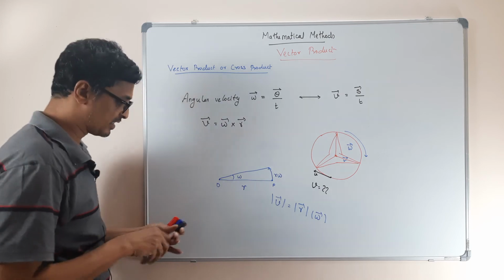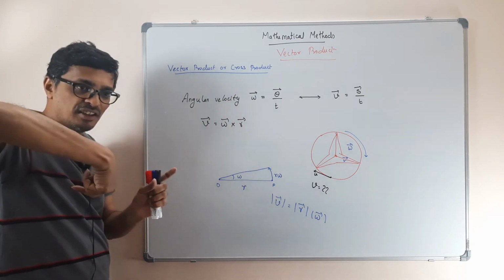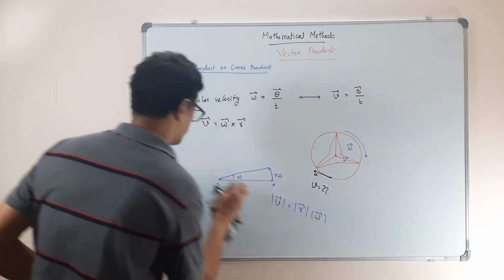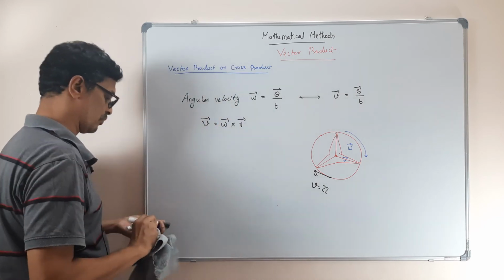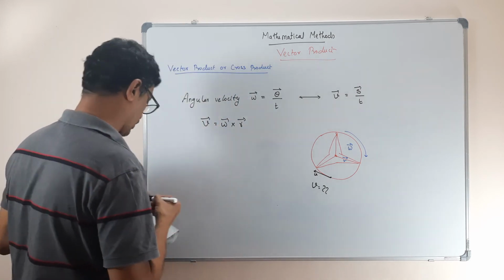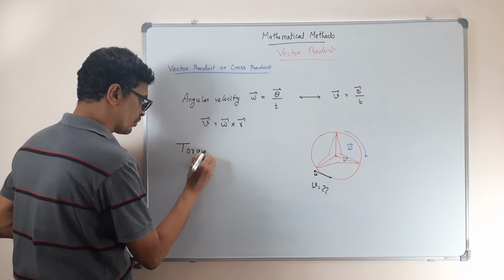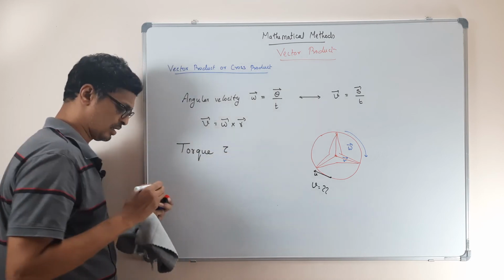That's what you call it when you give a force at a certain radius. What is that? The symbol is usually tau.